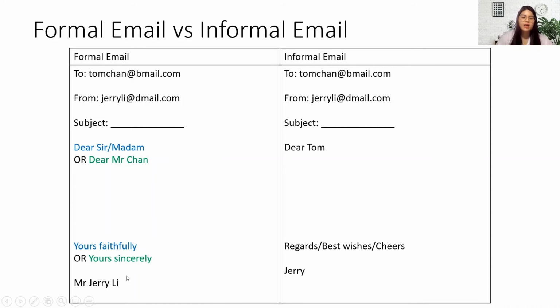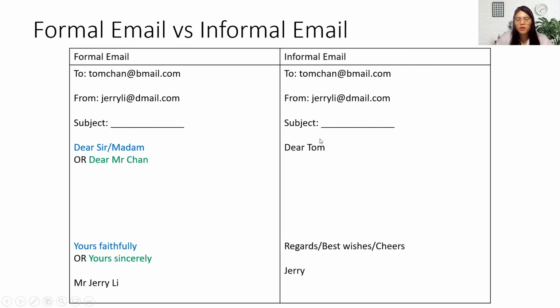And the ending will be very similar: yours faithfully for someone you do not know, and yours sincerely for someone you know. So at the end, you will indicate your name, Mr. Jerry Lee. You will end off with a Mr. because it is something formal, you want to give the salutation.